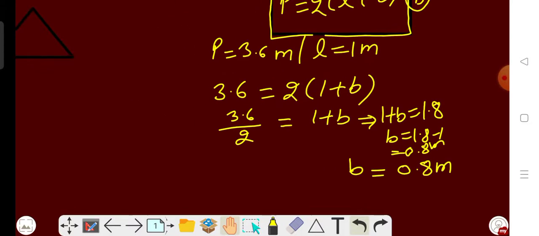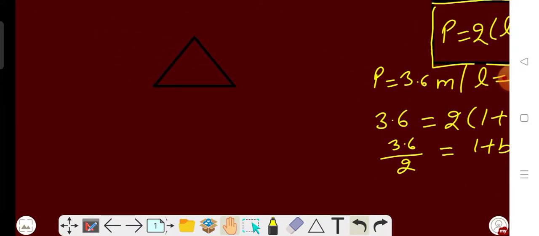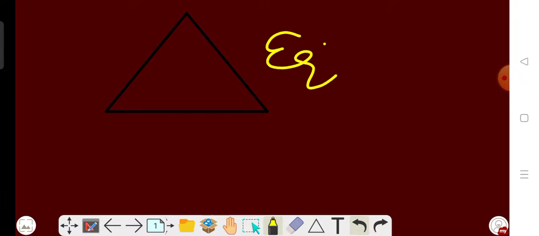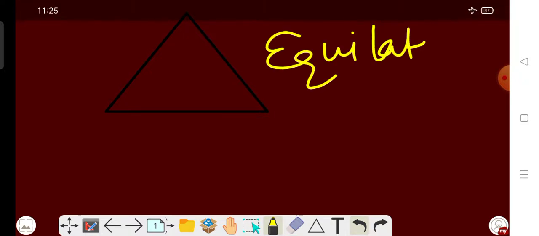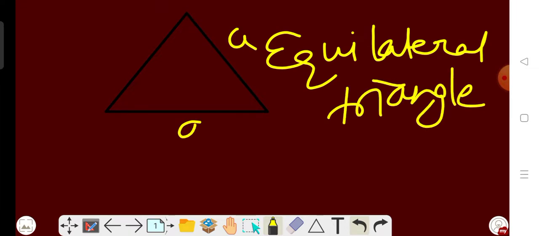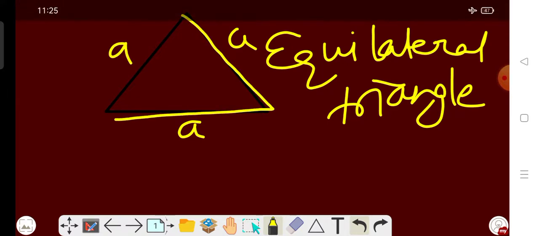Now we will do the C part. In the C part, what have we formed? We have formed an equilateral triangle. As you all know, all sides of an equilateral triangle are the same. Again we have used the same wire, so again the perimeter is equal to 3.6 meter.